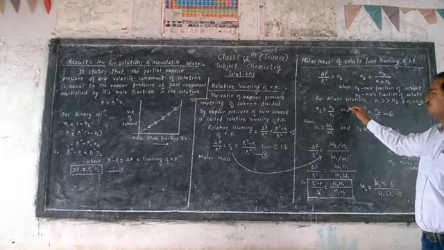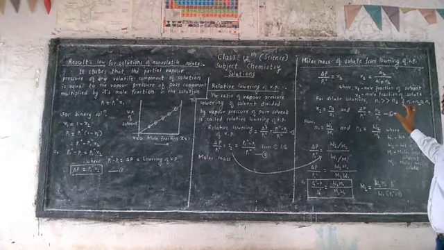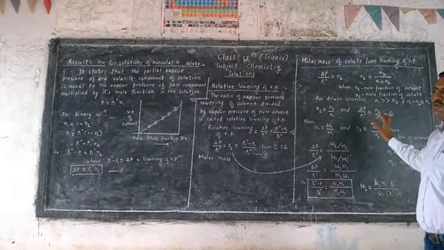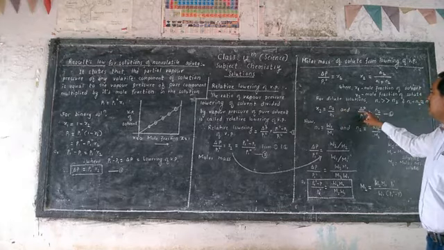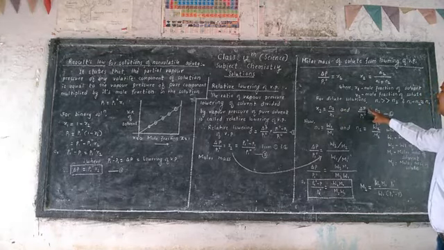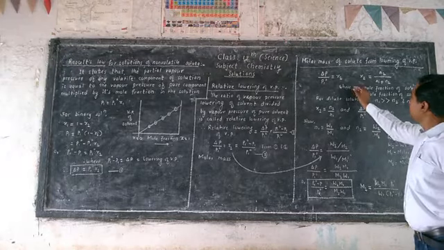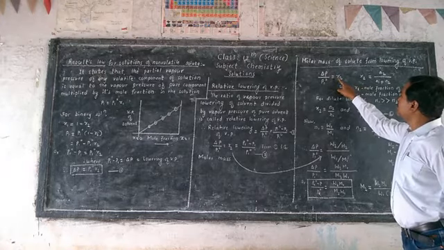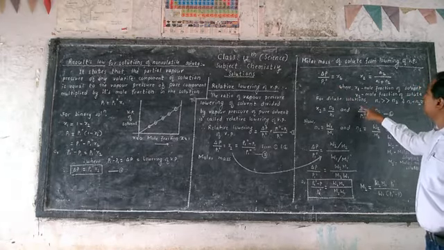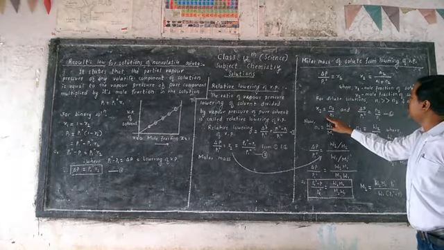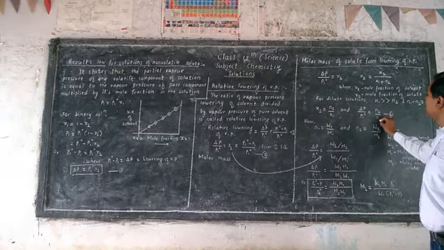For a dilute solution, the number of moles of solute is very small compared to the number of moles of solvent, so X2 equals n2 upon n1. Delta P upon P1° equals n2 upon n1.